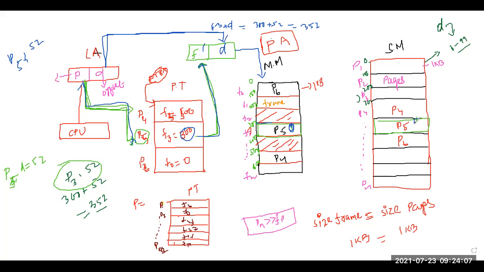Here you can see how we are able to convert your logical address to the physical address, in the case of non-continuous memory allocation. In non-continuous memory allocation, this is how we are converting.